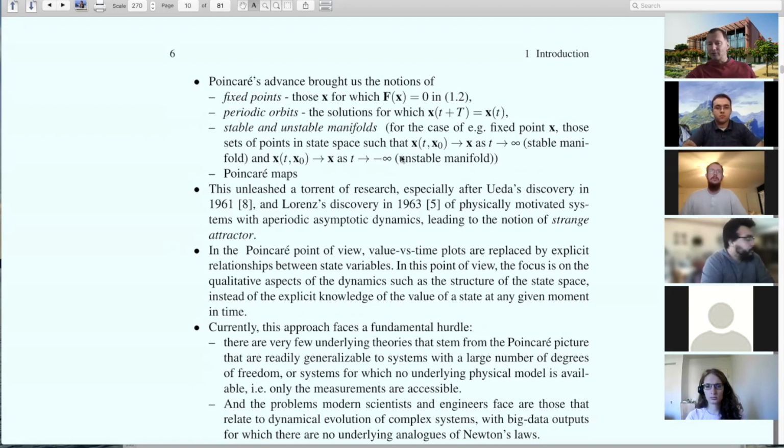It is rarely pointed out, but very true, that at Kyoto University, Ueda, in fact, in 1961, found experimentally an object that turned out to be a strange attractor in an electronic circuit that he was studying. So the discovery of non-periodic solutions of ordinary differential equations actually goes to Ueda and then Lorenz.